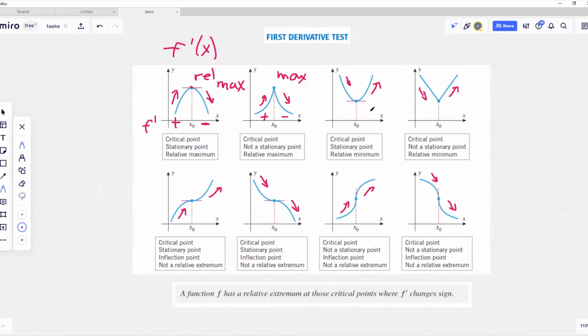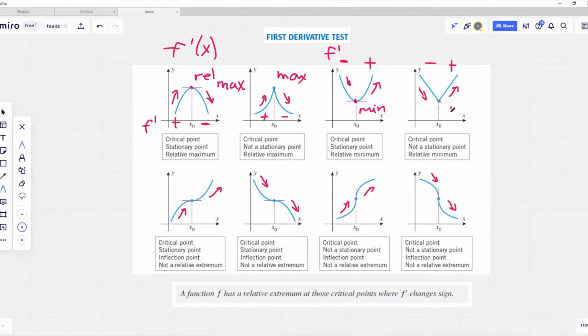In the third graph here, our f prime has a negative sign, so our function is decreasing up to point x0. And after point x0, it's increasing. So f prime has a positive sign, meaning that at point x0, we have a relative minimum point. And similarly in the last graph, f prime has a negative sign up to x0 and positive after x0.